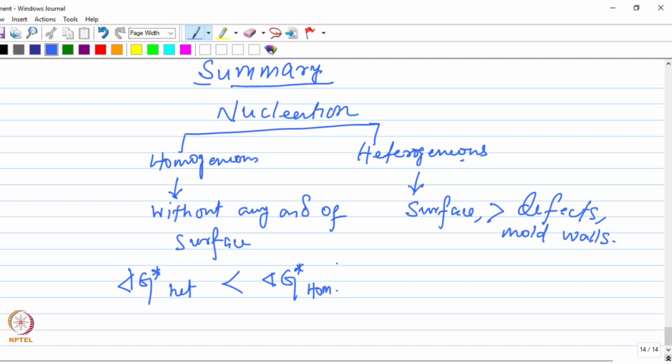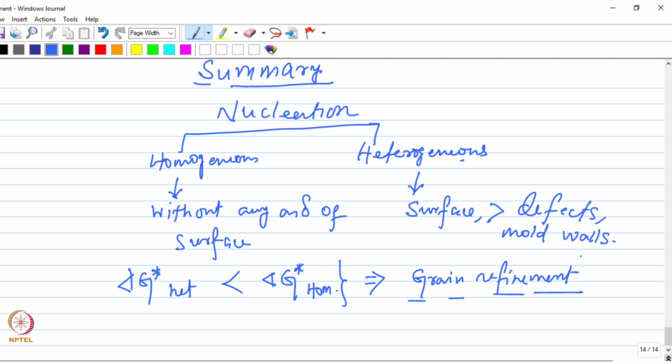and this energy barrier is much lower for heterogeneous nucleation compared to homogeneous nucleation, and therefore you can expect a higher nucleation rate for heterogeneous nucleation, and that is what is being utilized for grain refinement by adding certain grain refiners which can provide a surface on which heterogeneous nucleation can take place.